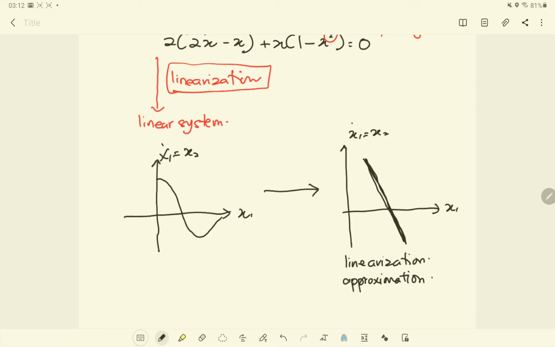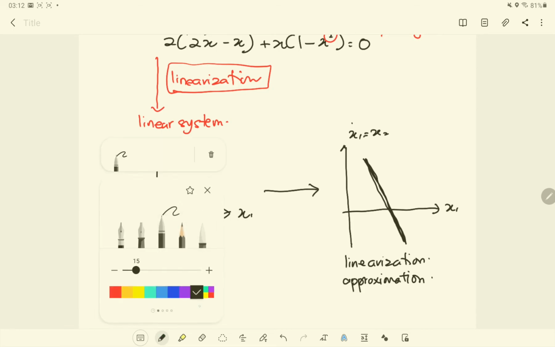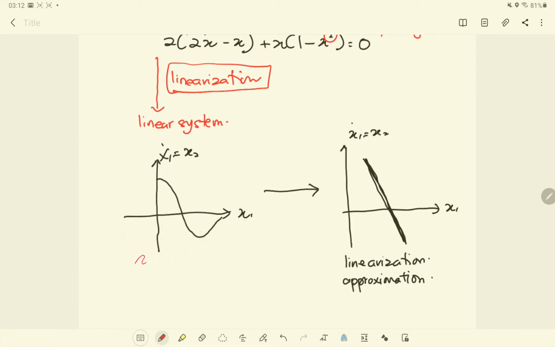From the nonlinear system we make some approximations and we get this system.